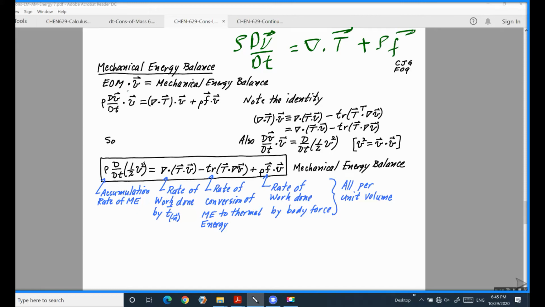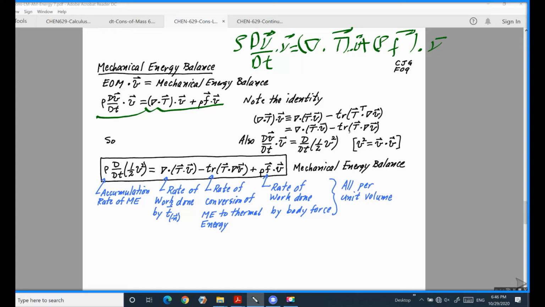So if we take the dot product for each part, let's say we dot product with V here, dot product with V, like here, then what is this term here? We can write this term by this form. This is a trace of that one.